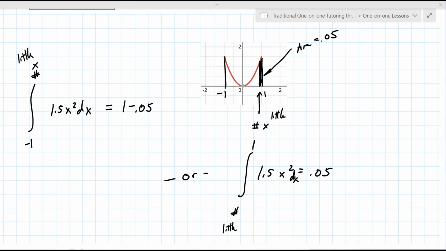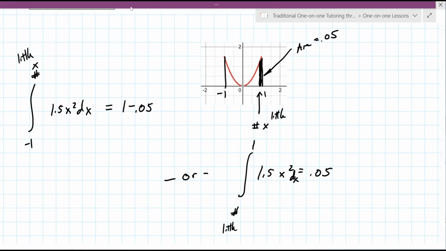So if it's -1 to x, I'm assuming that's on purpose. The only part I'm not understanding is the first integral, -1 to x, equal to 1 minus 0.05, as opposed to the other one, which is only 0.05. Why is it that the -1 to x has 1 minus that, but the x to 1 doesn't? Well, the 1 minus 0.05 is all the other area.